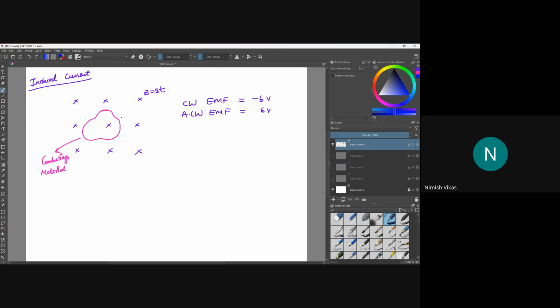Now, if you replace this loop with an actual conducting wire, this induced EMF is going to induce some current called induced current. How do I find out that current? Very simple. In this loop there is an anti-clockwise EMF of 6 volt.